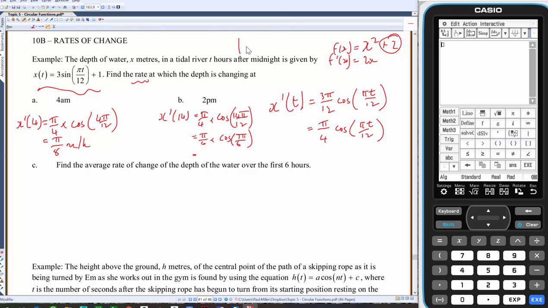So the cosine of 7 pi on 6, that's down here. On 6 is 30, which is root 3 on 2, and that's negative. So it's going to be pi on 4 times negative root 3 on 2, which is equal to negative root 3 pi over 8 meters per hour.